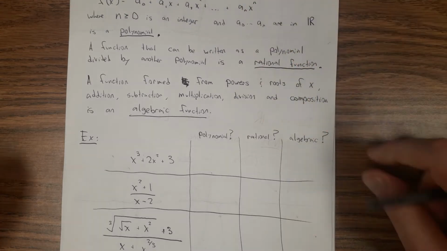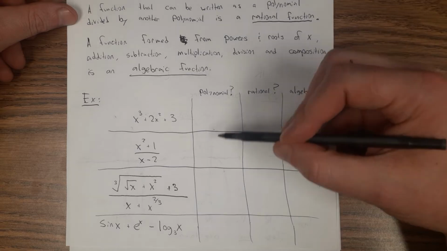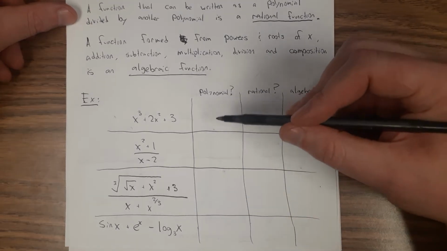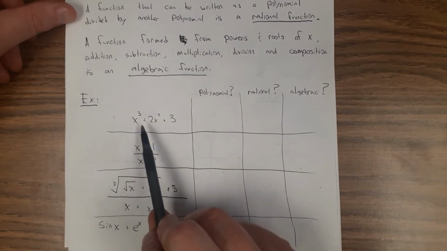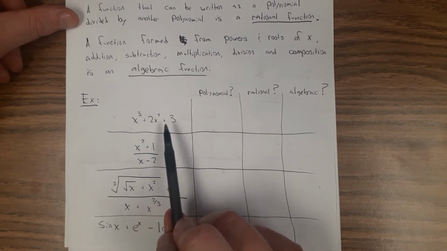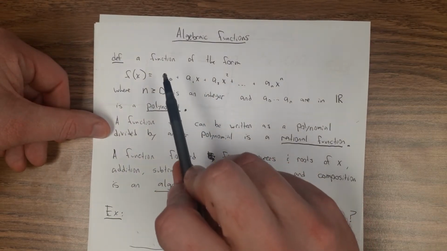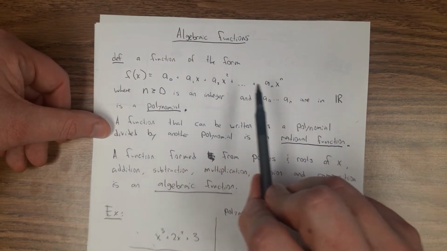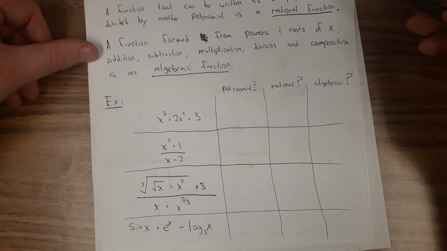So maybe as I go, I'll do this example down here. Since I just talked about polynomials, let me check off all the boxes that are polynomials. For example, this one's a polynomial. And maybe it isn't written the way you expect. The way I wrote it up here is you put the lowest powers of x first and the largest power of x is at the end. But of course it doesn't have to be that way.